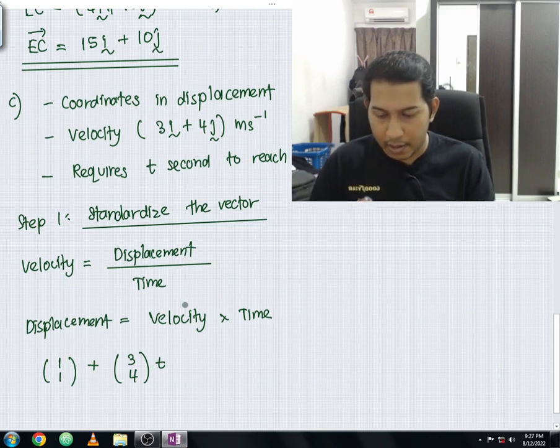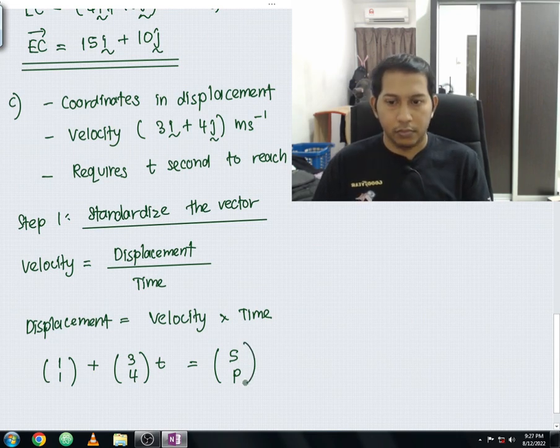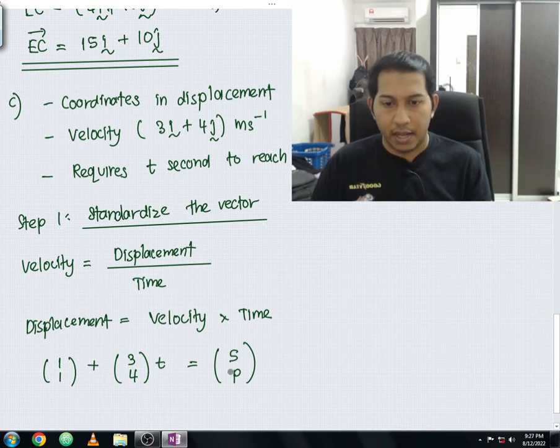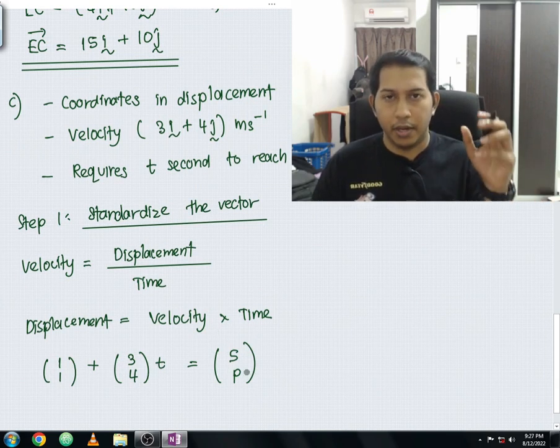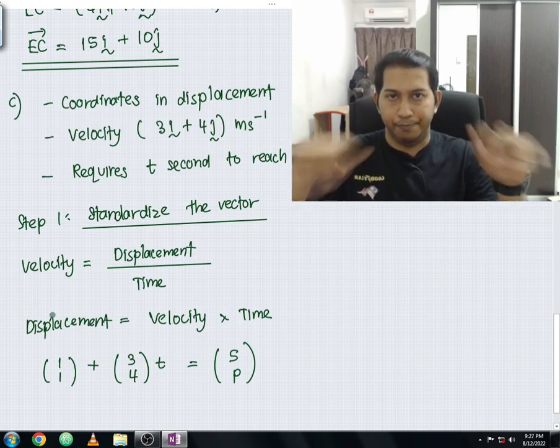So you add them together, and you should get equal to the point K, which in this case is 5p. This is your point E, this is your displacement, and this is your point K. So you add them together, you should get the same.